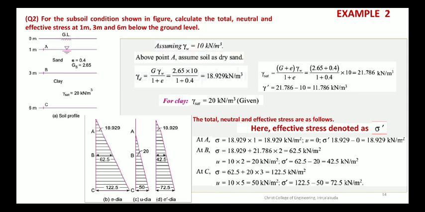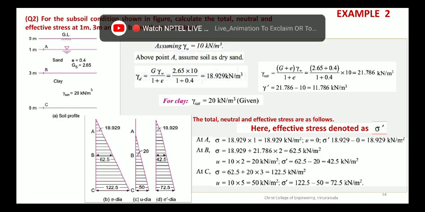Sigma diagram. What is the value of sigma at A? You have a value 18.929. So here we are representing 0 meter, 1 meter, 3 meter and 6 meter. So we have actually 4 points in the diagram, 0, A, B, C. That is why A is shown slightly below the top apex.